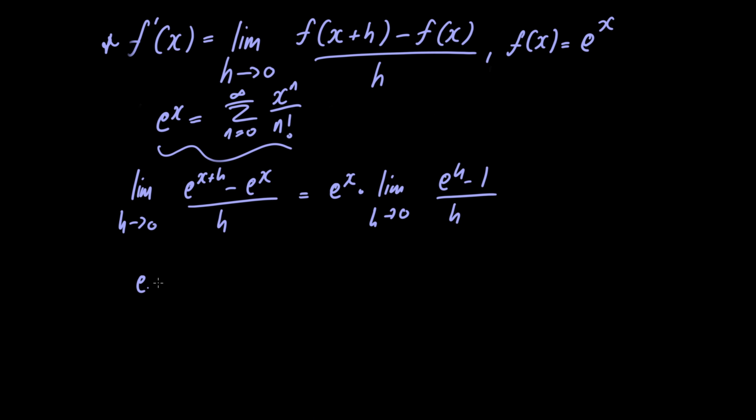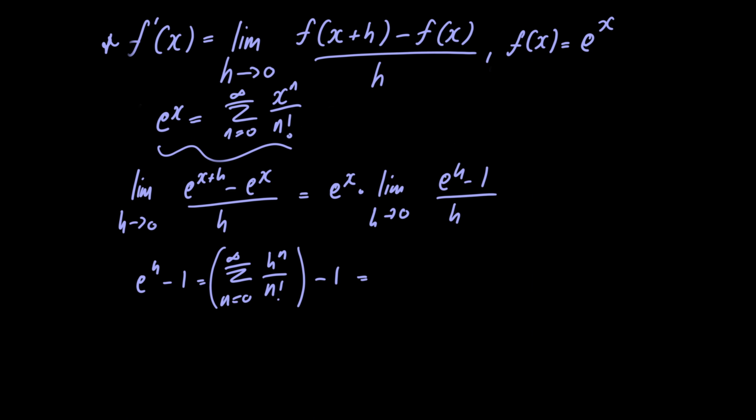Now from our definition above, we know that e raised to h minus 1 is equal to the sum from n equals 0 to infinity of h raised to n divided by n factorial, minus 1.